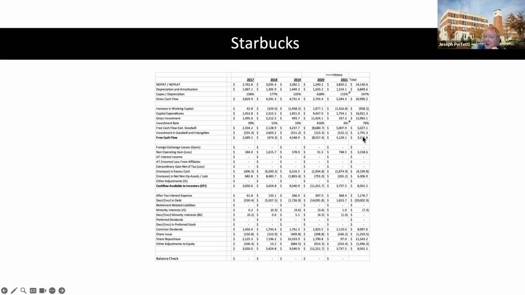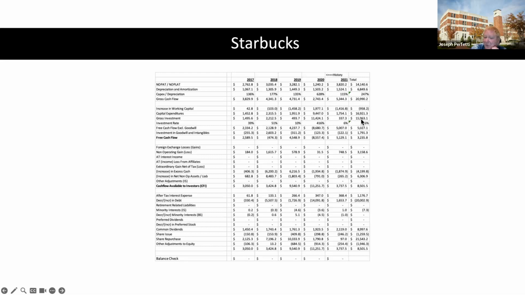Why did they generate $3 billion of free cash flow? They generated almost $21 billion of cash from the income statement, 20,990 million. They reinvested 15.9 billion of gross investment back into their balance sheet for operating activities: 16.9 billion of capital expenditures, negative 960 million taken out of working capital.